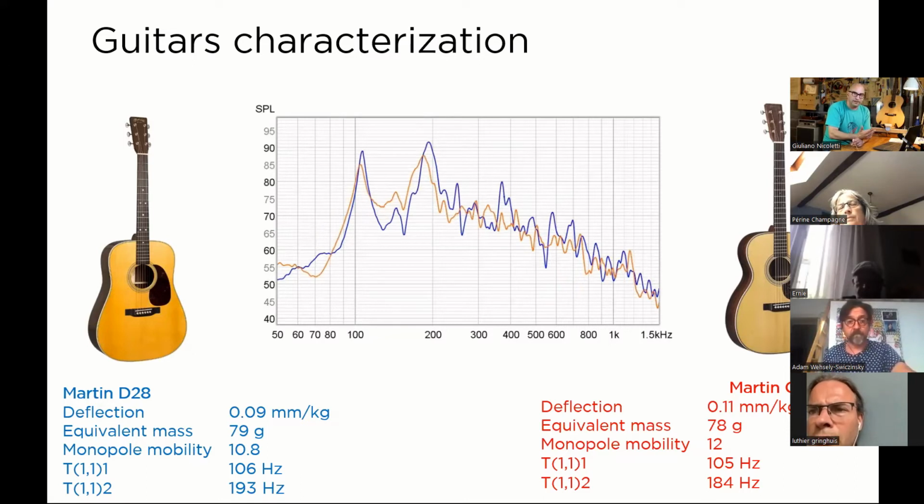You will have a completely different sound because, as you can see, there are also no high order modes on the Martin OM28. So this is a guitar that is maybe good for finger picking. For strumming, why not? Because it's so heavy, it can take some strum. It doesn't have a huge problem of wolf tone, also because 184 hertz is much closer to the F at 185.